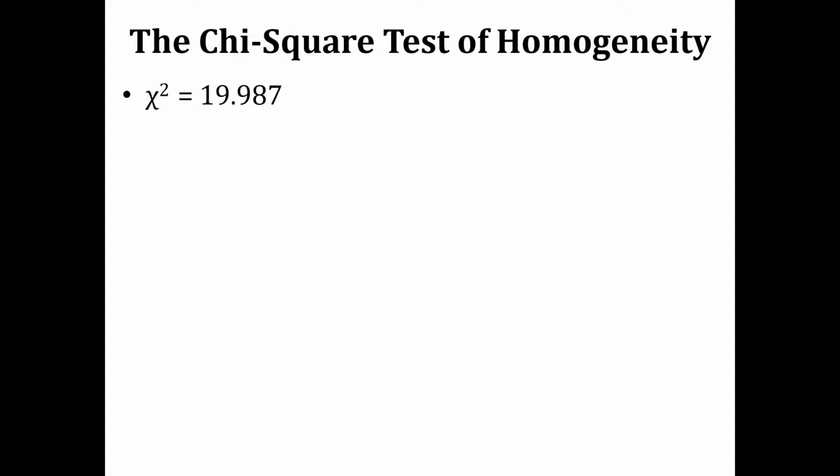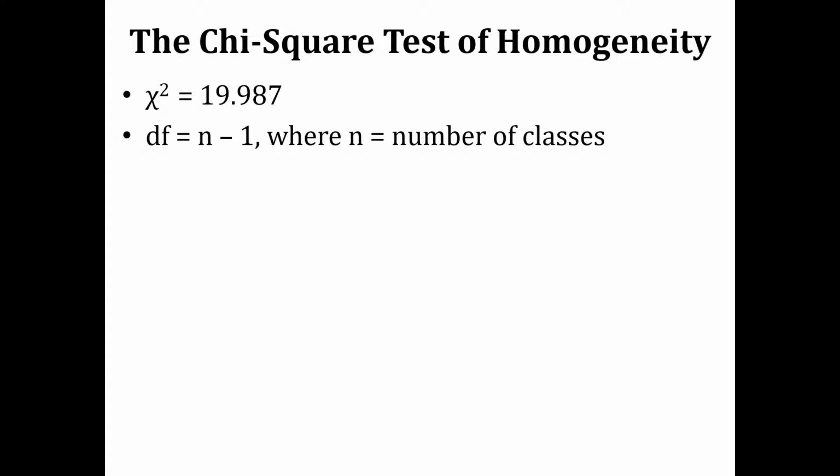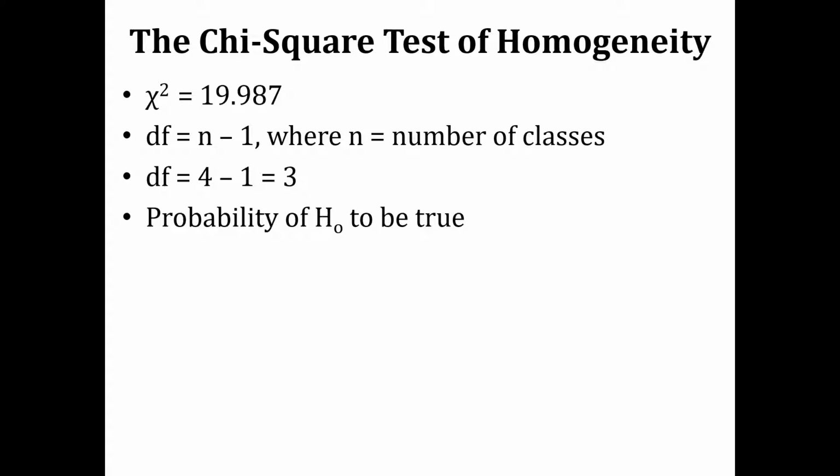So what should be the next step? The next step is to see what is the degree of freedom, which is n minus 1. N is the number of classes, minus 1 is 3. So our next step is to see what is the probability of the null hypothesis to be true.